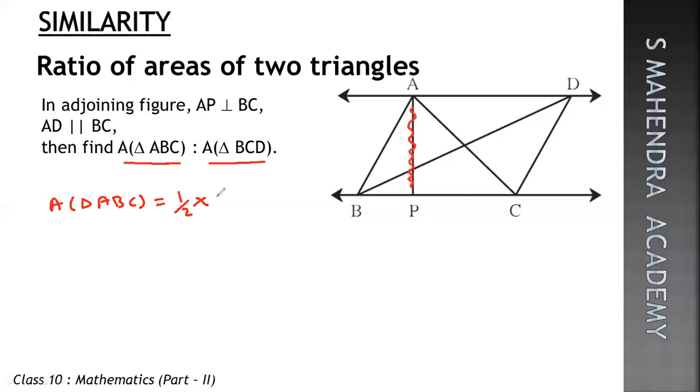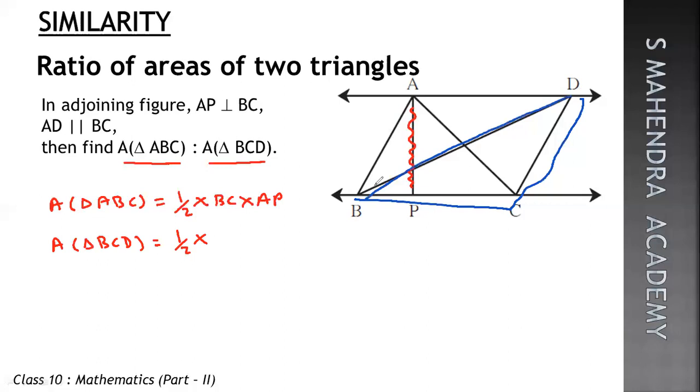So the base, that is BC, into AP, and for triangle BCD, the area will be 1/2 into base. In triangle BCD, the base is again BC and the height will be again AP.